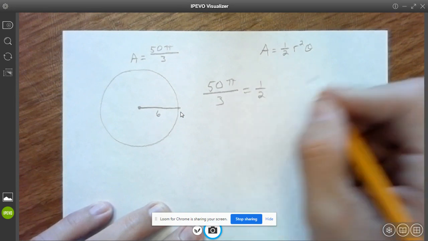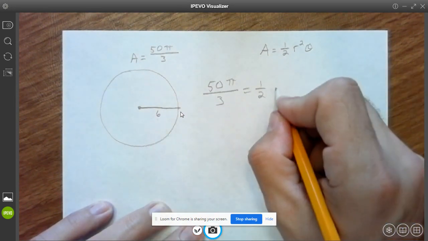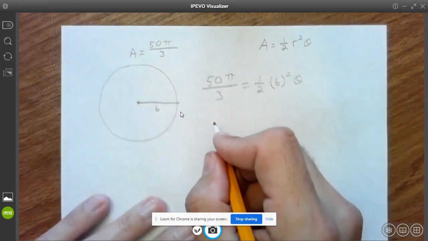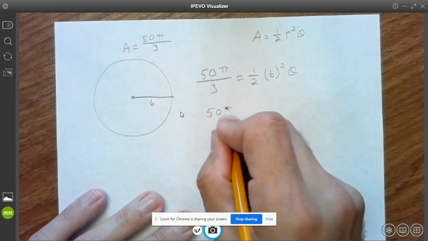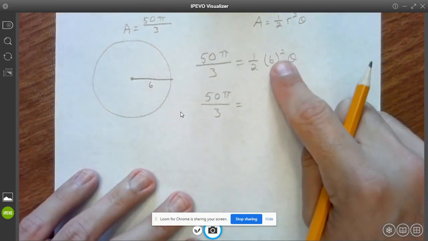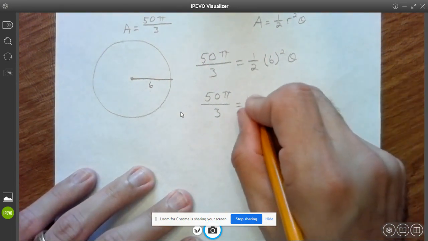We got 1/2 r squared, so we've got 6 here, so it'll be 6 squared theta. 6 squared is 36, and half of 36 is 18.